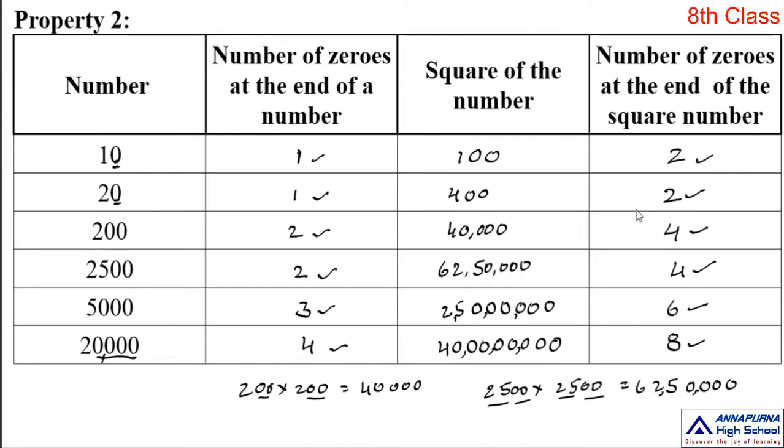Now observe the last column. All are even numbers. That means when you find the square of any natural number ending with 0, its square ends with an even number of zeros. So that is the second property.